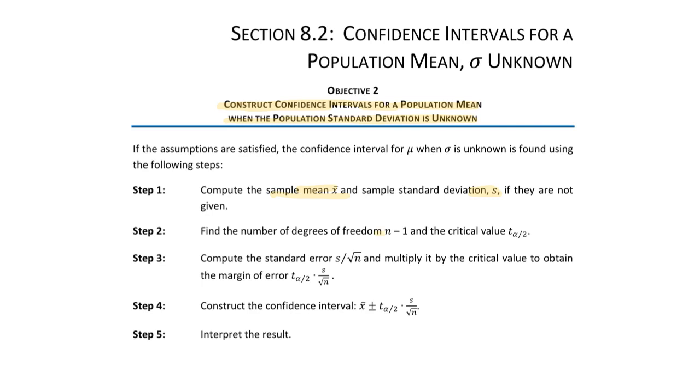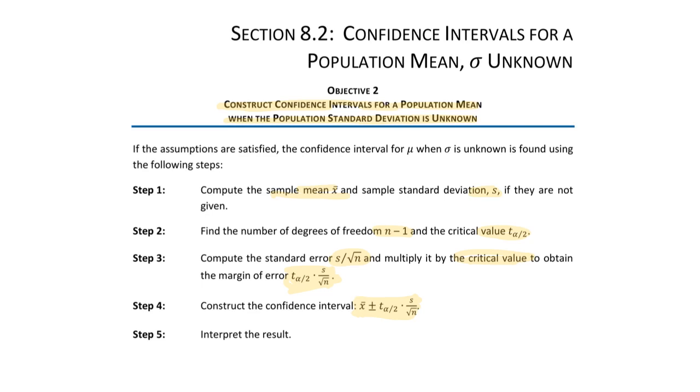Then find the number of degrees of freedom and the critical value. And compute the standard error and multiply the critical value and the standard error. That is the margin of error. Then add and subtract that with the mean, so you will get the interval.